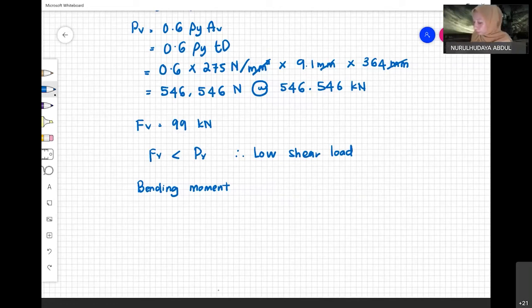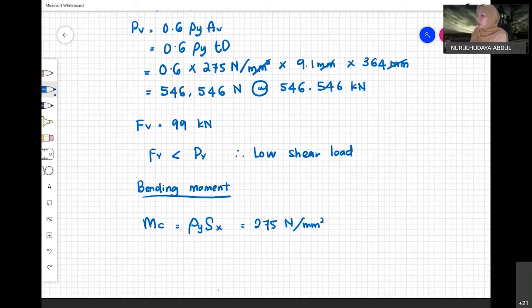Bending moment, moment capacity MC. So the MC formula is PY SX. PY we know is 275 Newton per mm square, and SX is its plastic modulus.